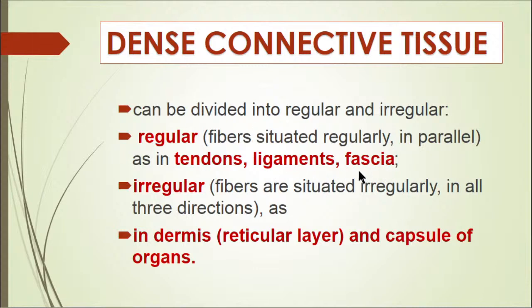Everywhere we find bundles of collagen fibers. Irregular connective tissue fibers are situated irregularly in all three directions, and we have meshworks, like in the dermis reticular layer; in the capsule of organs it is very good visible.